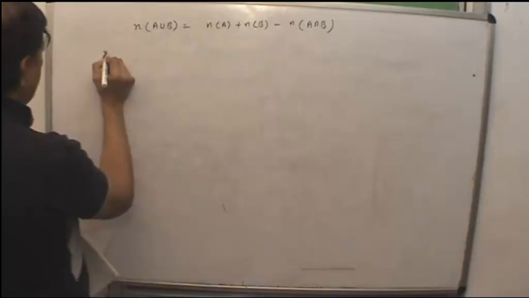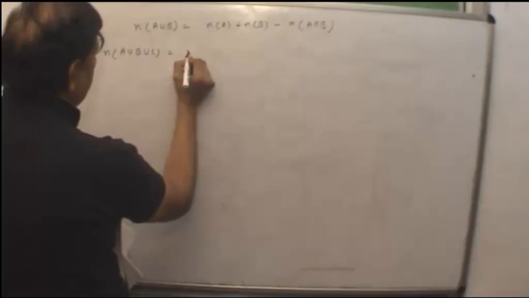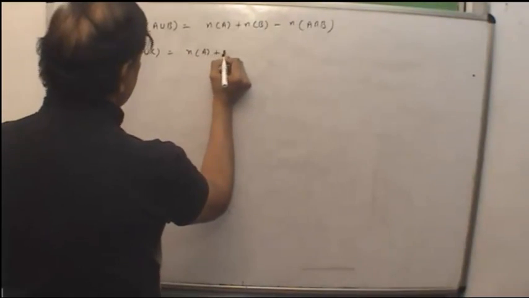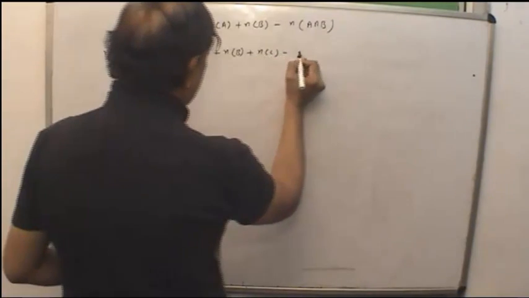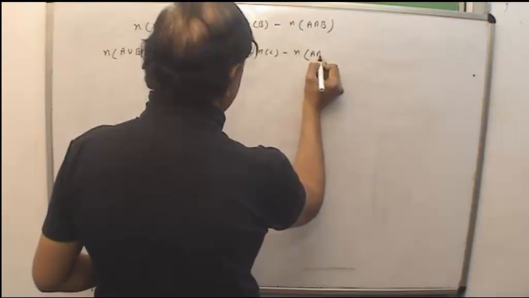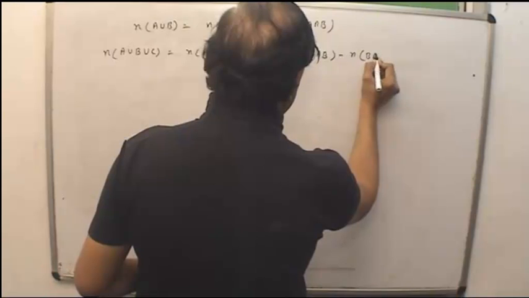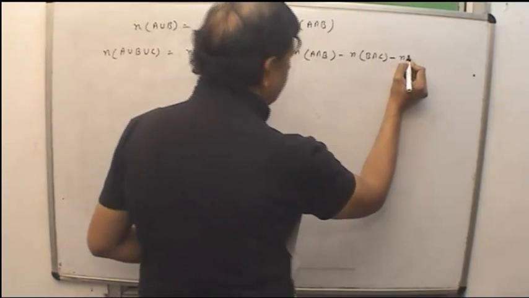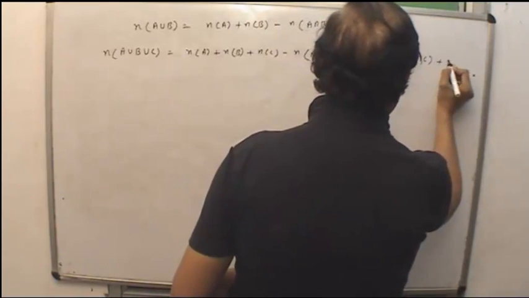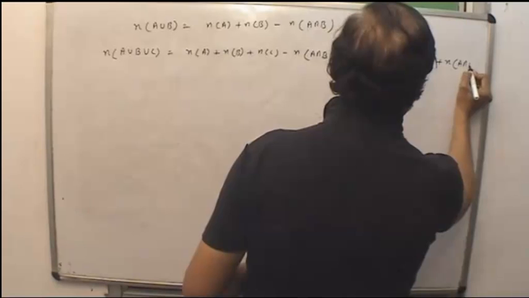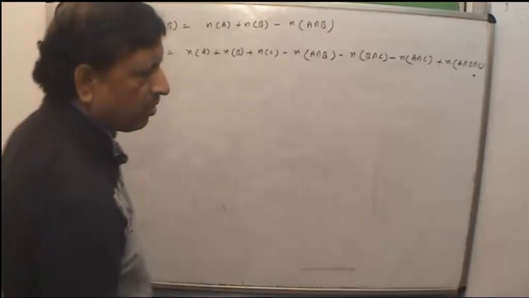Then for three sets, N(A union B union C) is equal to N(A) plus N(B) plus N(C) minus N(A intersection B) minus N(B intersection C) minus N(A intersection C) plus N(A intersection B intersection C). It is for the three sets.